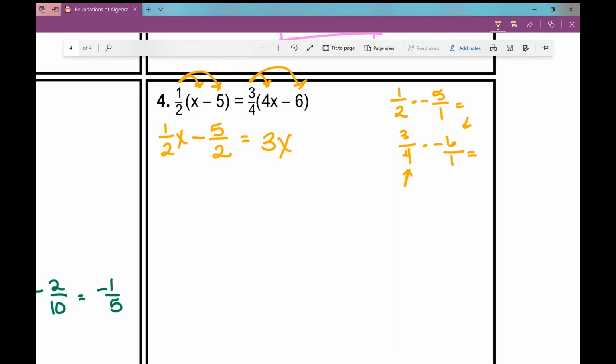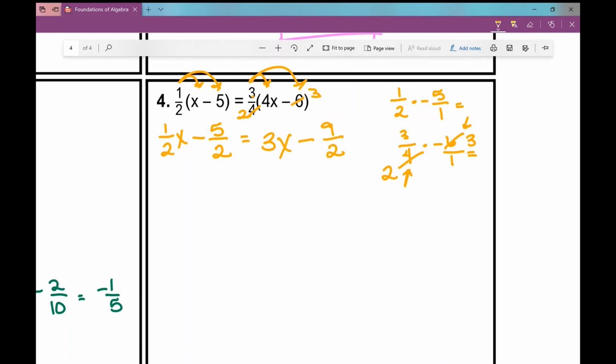The common factor is 2. So 4 divided by 2 is 2. 6 divided by 2 is 3. So I go ahead and pre-simplify that. Okay, I make that a 2 and this a 3. And then I multiply. 3 times 3 is 9 over 2. And it's going to be negative.